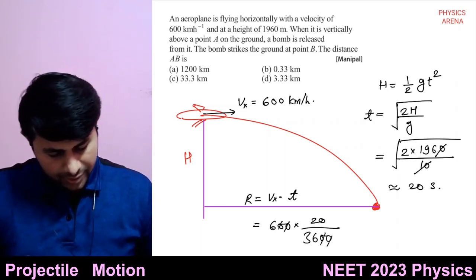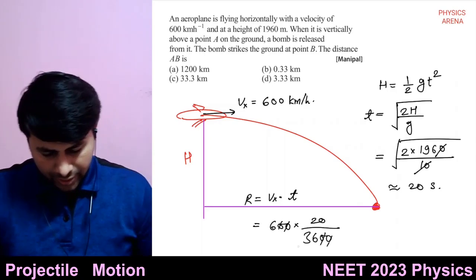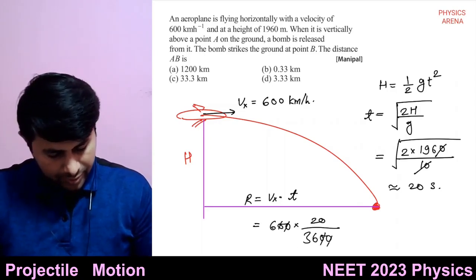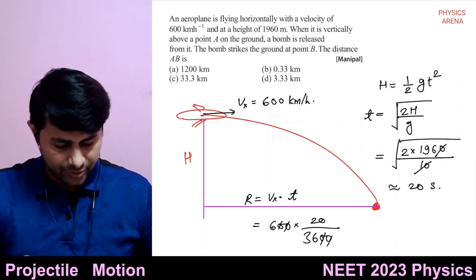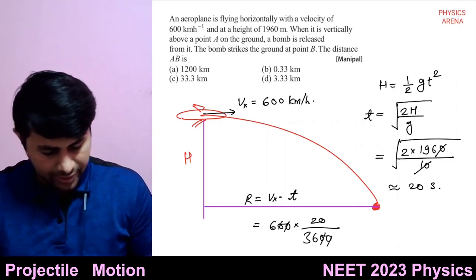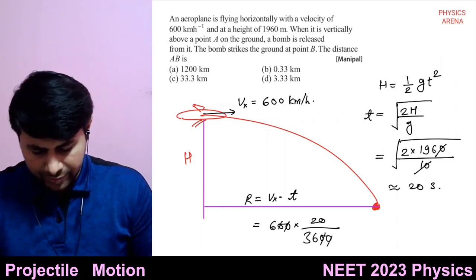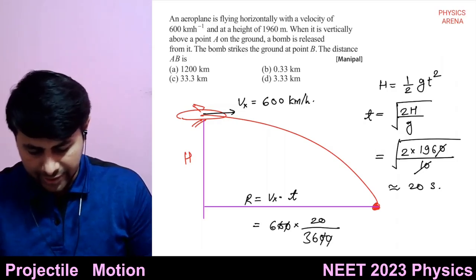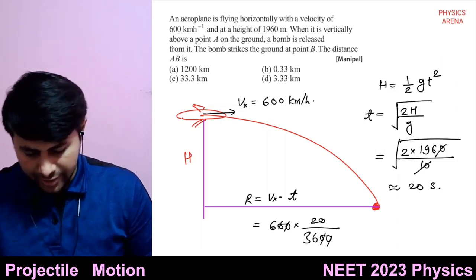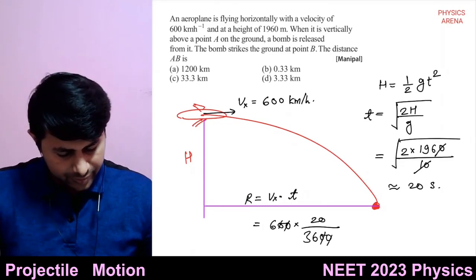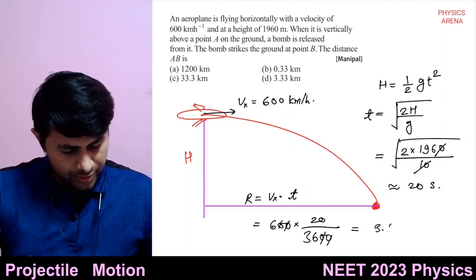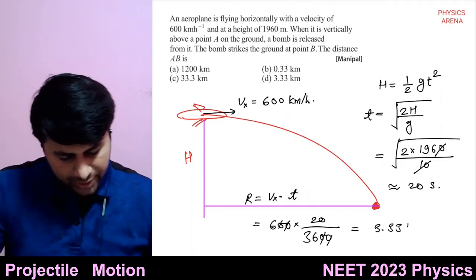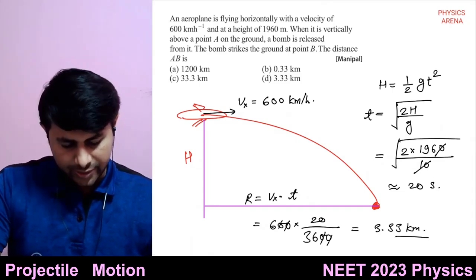And so you have 36 by 6 is 6. And 20 divided by 6 is how much? 20 divided by 6 is 10 by 3, 3.33. So this horizontal range is 3.33 kilometers.